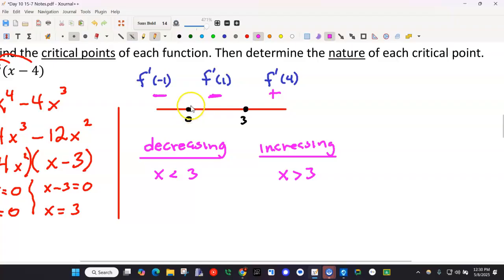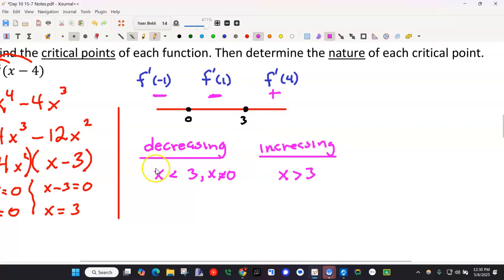So the 0 doesn't really have any effect on the increasing or decreasing. Okay? We could say here x is less than 3, but with x not equal to 0, because technically at 0, the slope is 0. It's not decreasing exactly at 0. Or we could say everything less than 0 and then everything between 0 and 3.